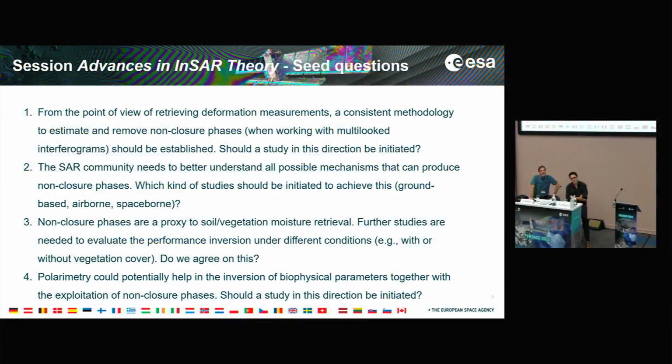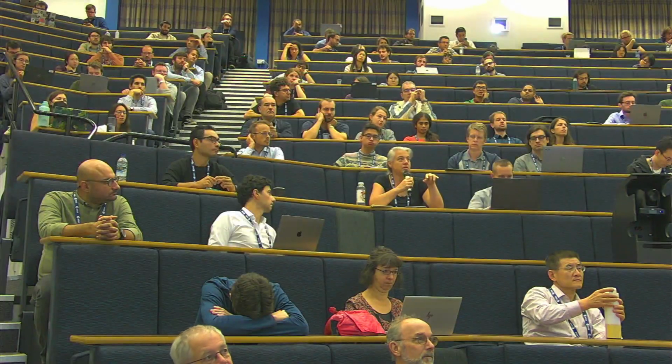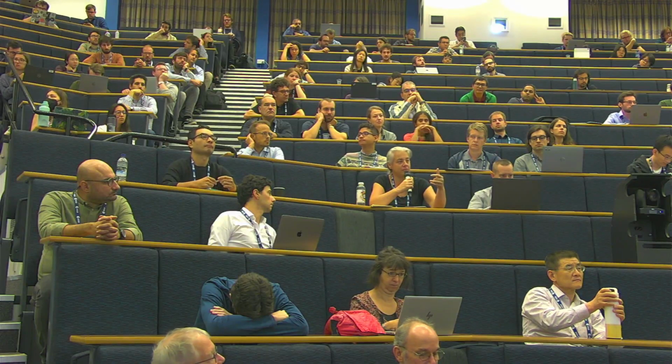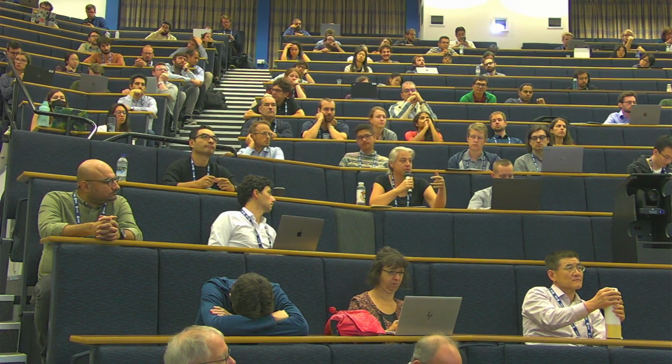process a full graph or a large set of interferograms, and usually they don't address their coherence because for many of the interferograms it's just pure noise.